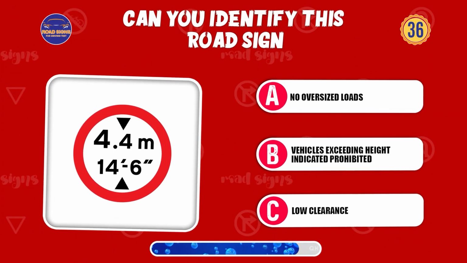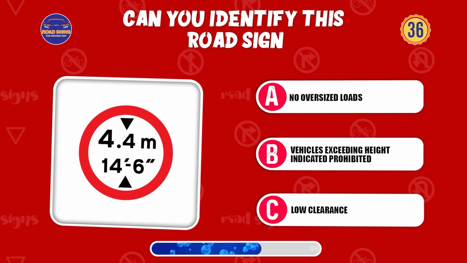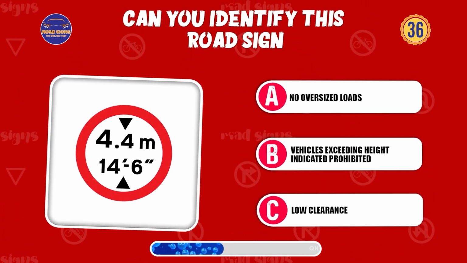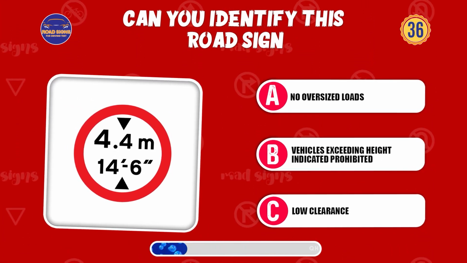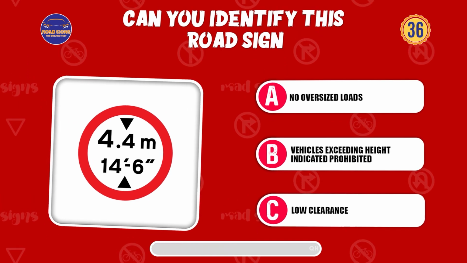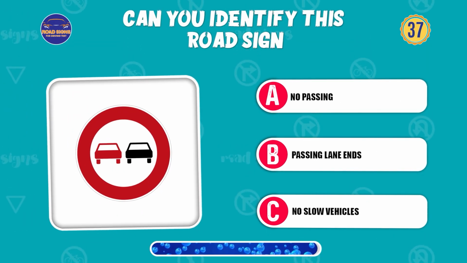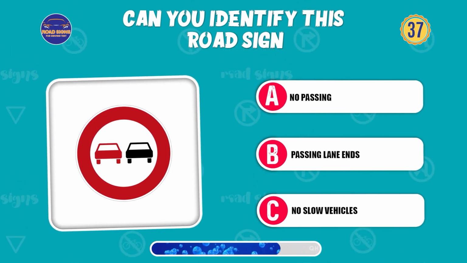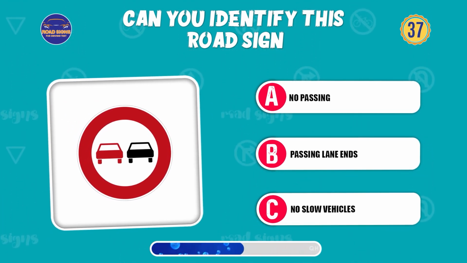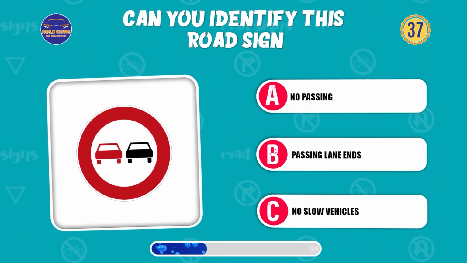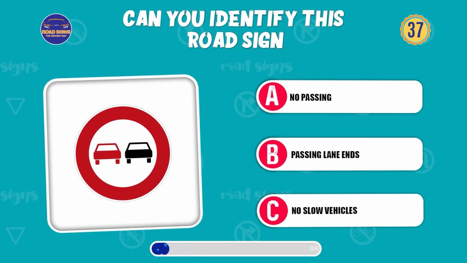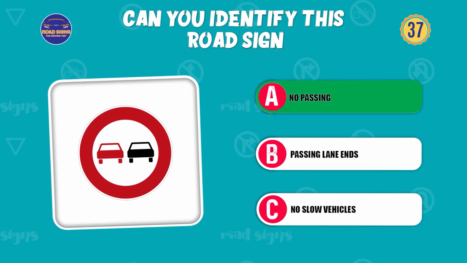What vehicle limitation is imposed by this sign? B. Vehicles exceeding height indicated prohibited. What restriction does this sign enforce? A. No passing.